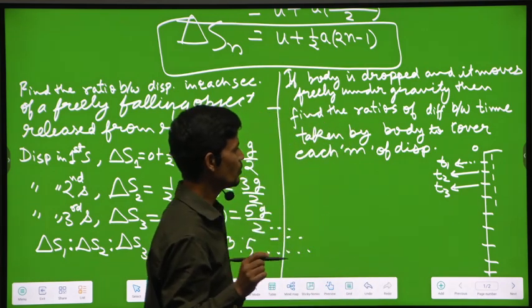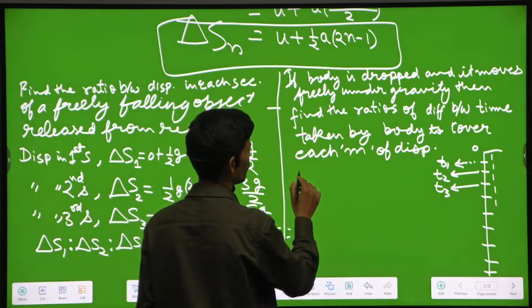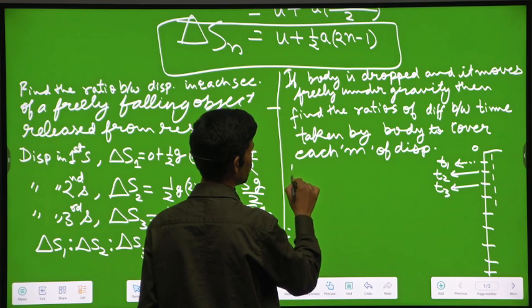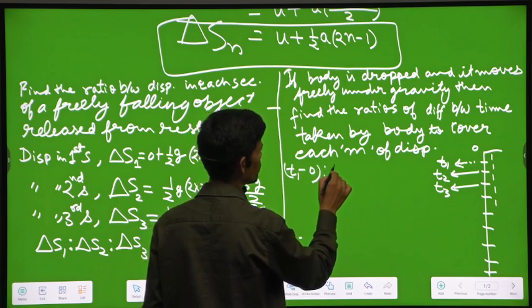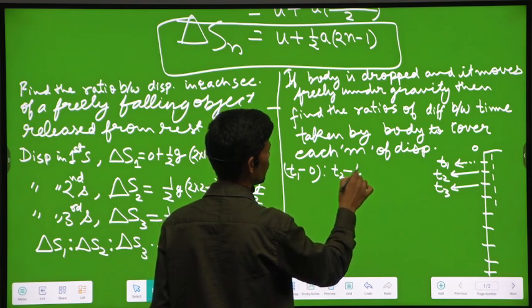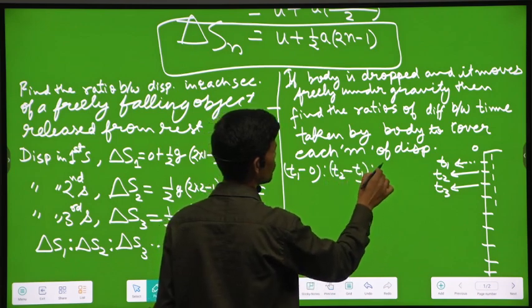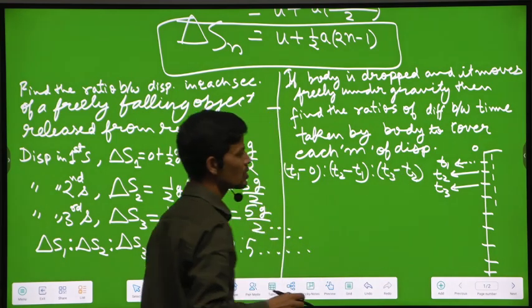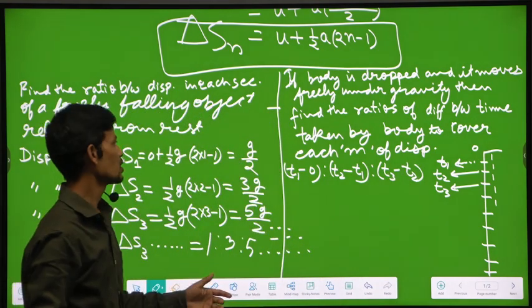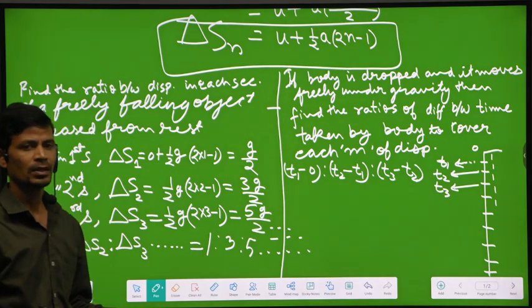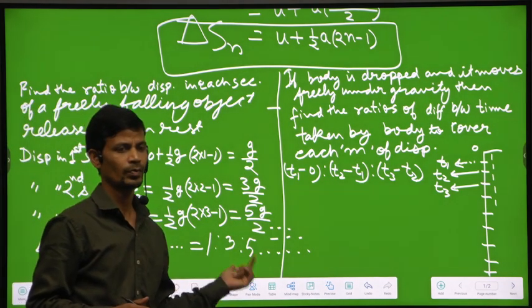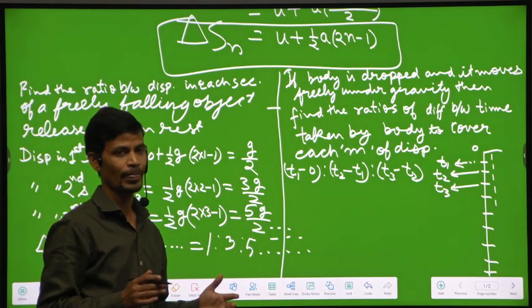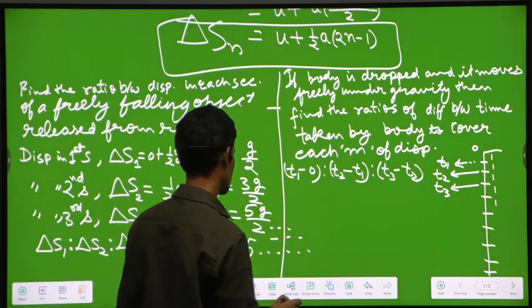So we have to find the ratio of t1 minus 0 is to t2 minus t1 is to t3 minus t2. Well, this question has no direct relation with this formula, but because both problems look the same, I am considering it here.